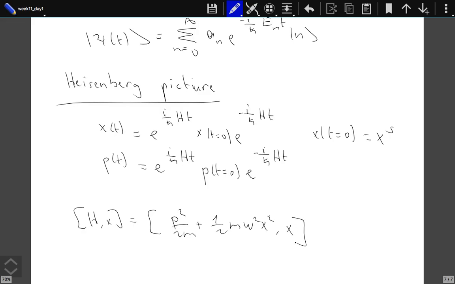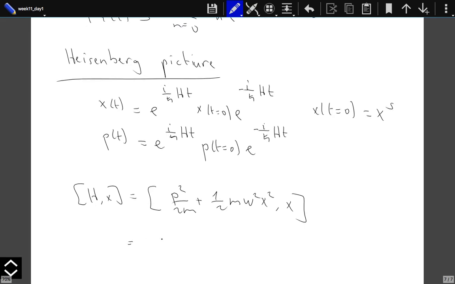Well, the second term, the x squared term, commutes with x. So this will be equal to p squared over 2m, commutator with x, and this is nothing but p over m, if you just write out the commutator.